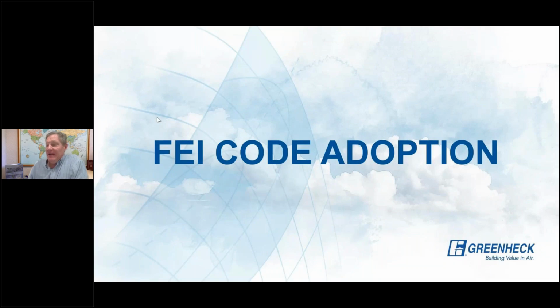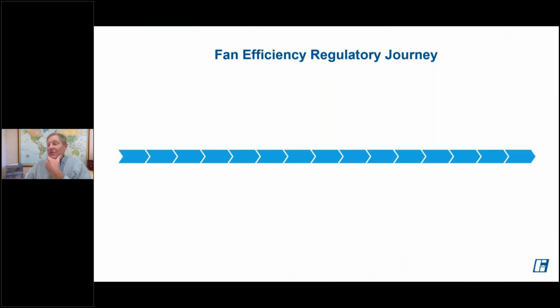So now we kind of talked about the beyond compliance. Now we're going to talk about the compliance piece of it. So FEI and code. This has been somewhat of a journey in terms of how we've gotten to where we are. It actually started back in 2011, but as far as the fan energy index, FEI, goes, that really became real in 2017.